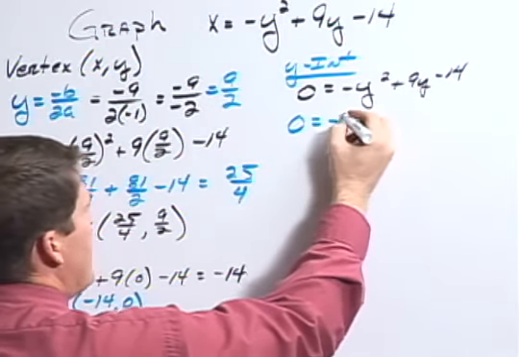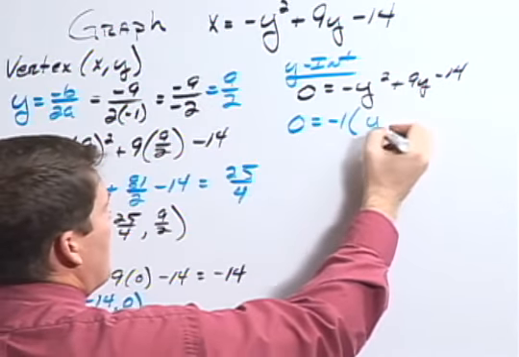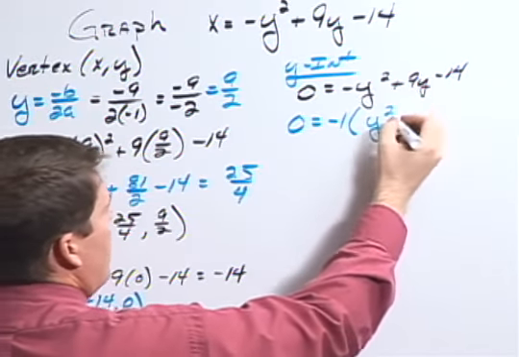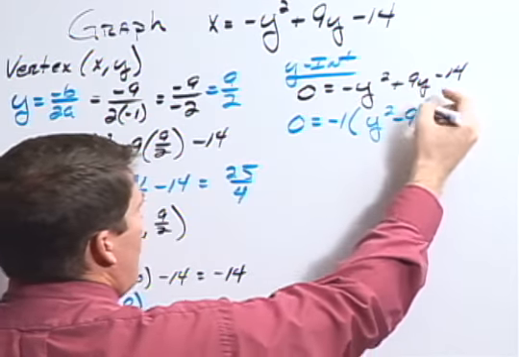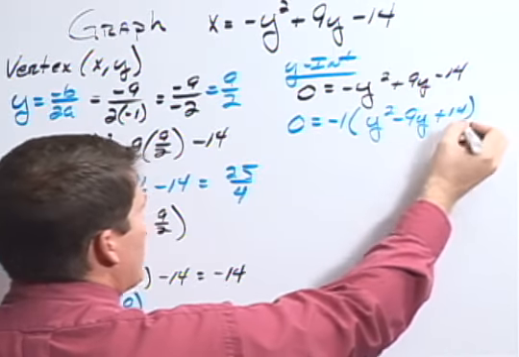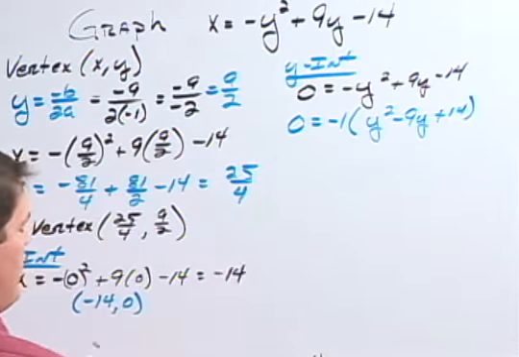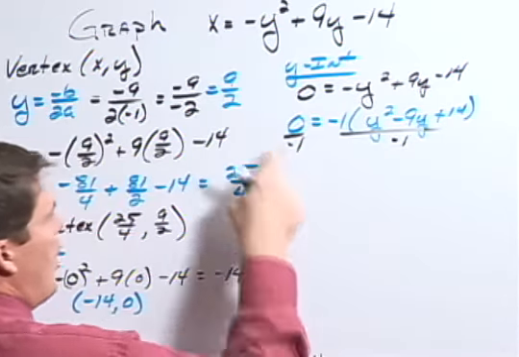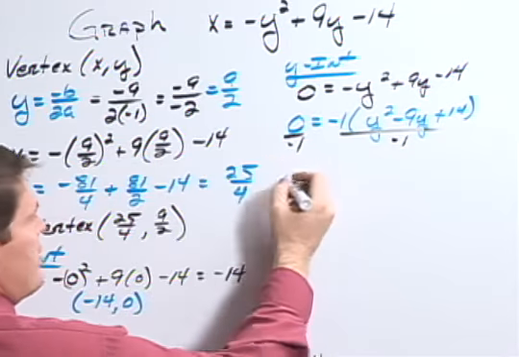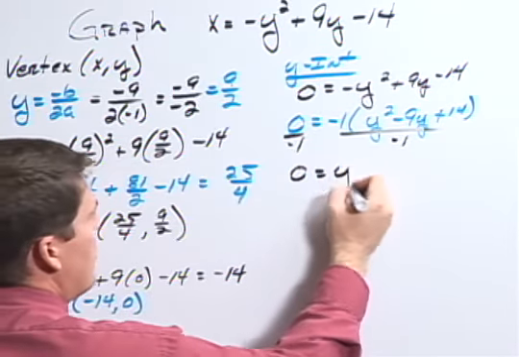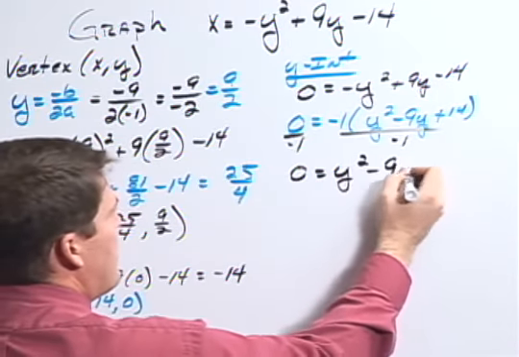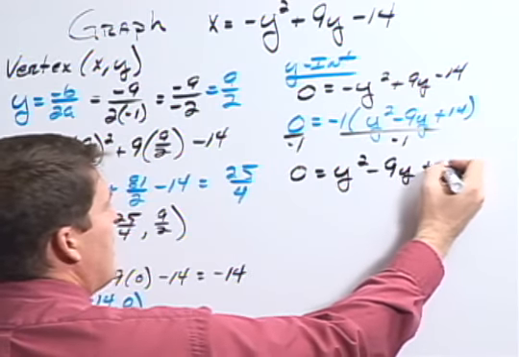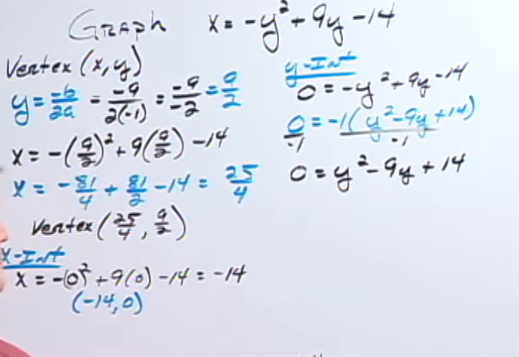So 0 equals negative 1 times y squared minus 9y plus 14. And we can make that negative 1 go away by dividing both sides by negative 1. 0 divided by anything is still going to be 0. So 0 equals y squared minus 9y plus 14.